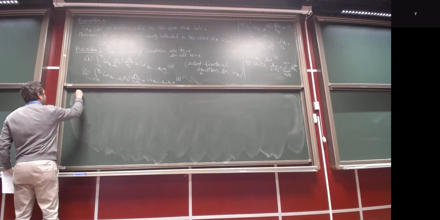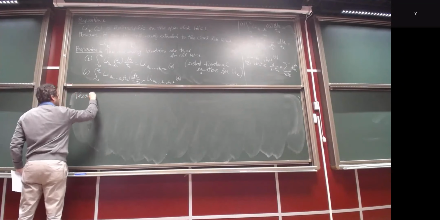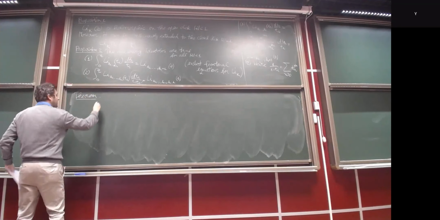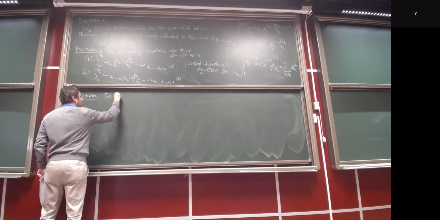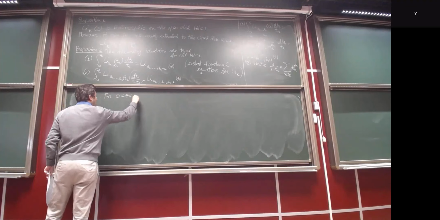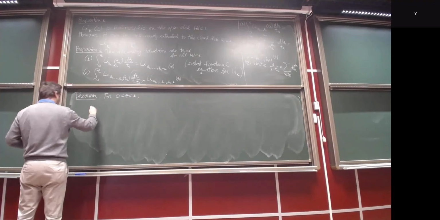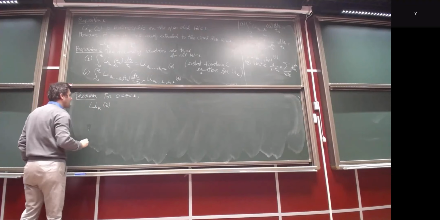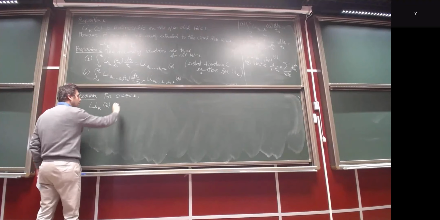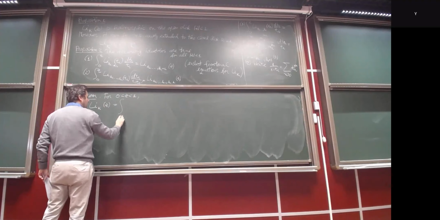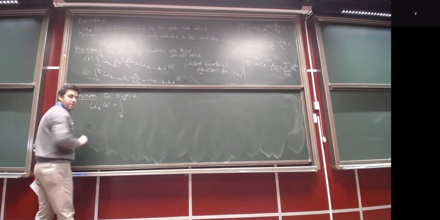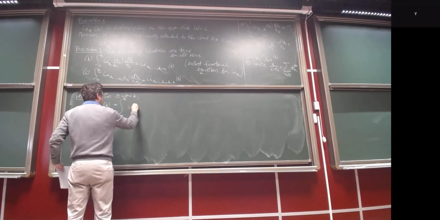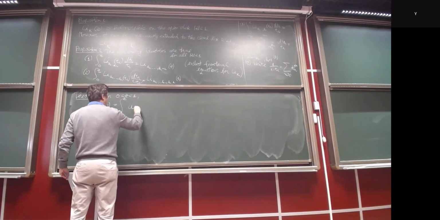Theorem: for z between 0 and 1, we have that the multiple polylogarithm of a single variable can be written as this. Pay attention again, it's an iterated integral, but I'm writing it generically, of some kind of product of one forms.